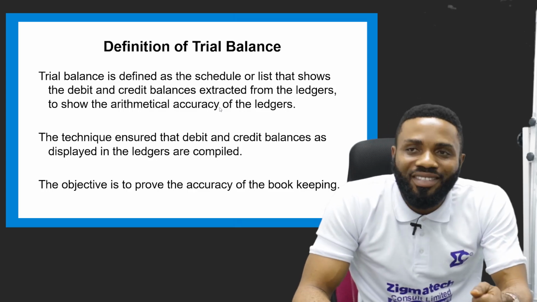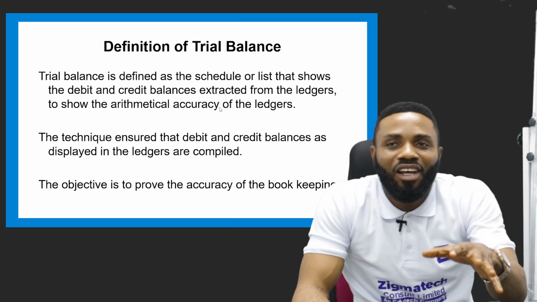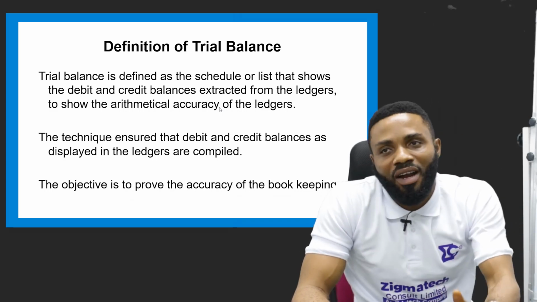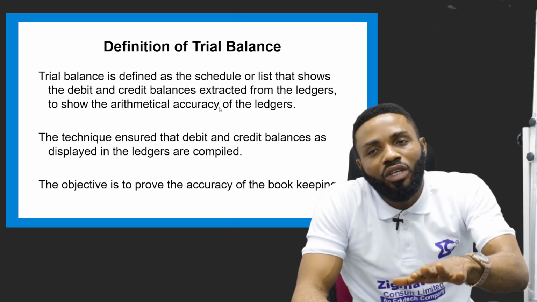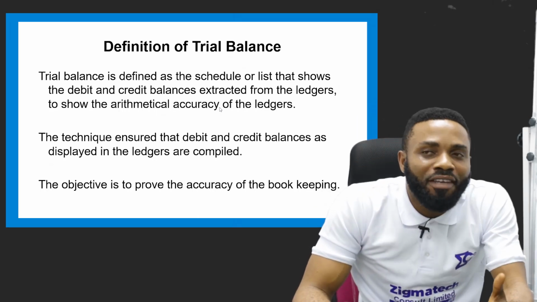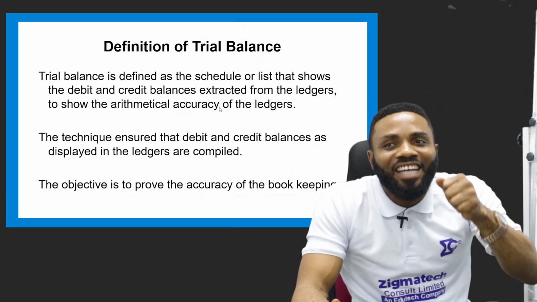So what we serve as an X-ray or what we serve as a scan on the ledger is the trial balance. So the trial balance is an accounting scan on the ledger to find out if there are mistakes or errors, or what we call the accounting X-ray.